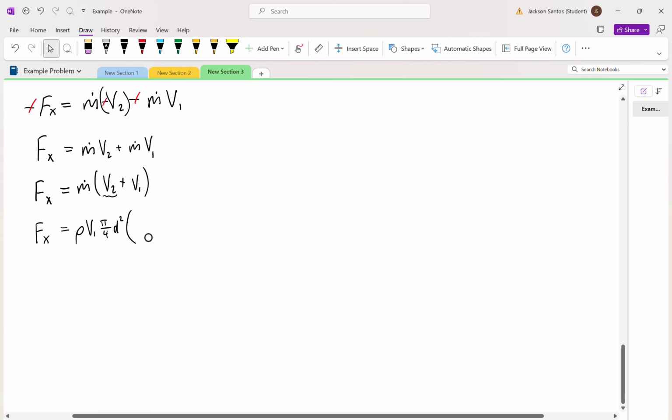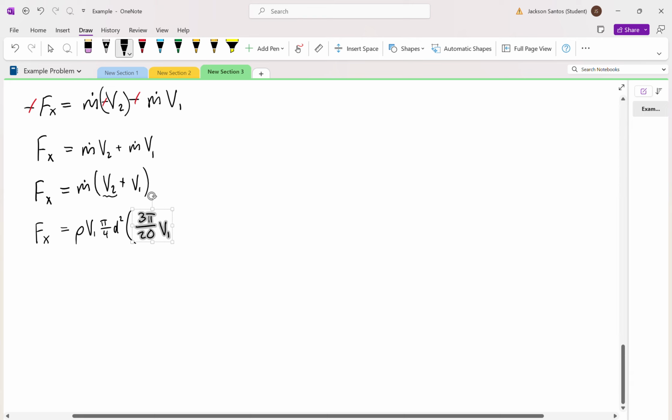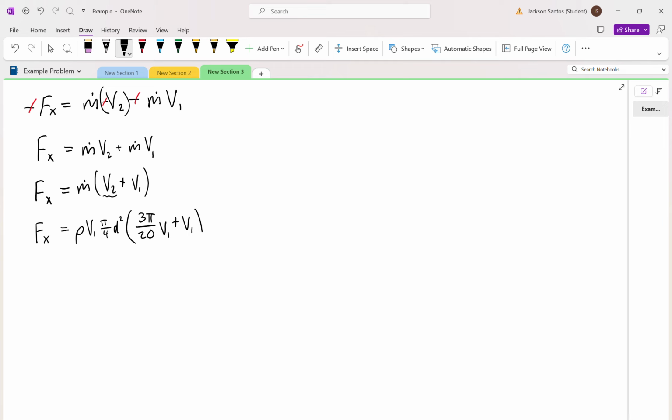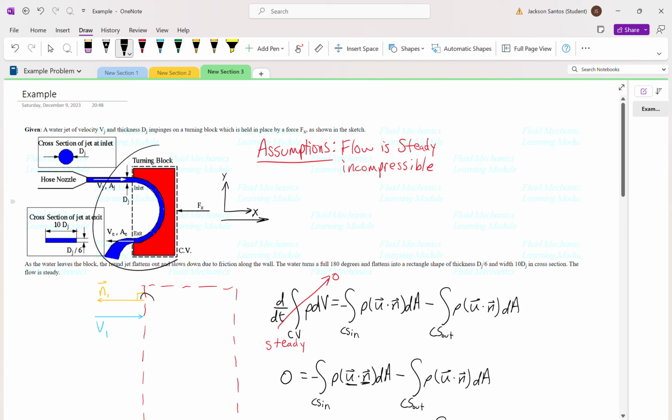It's going to be pi over 20 times v1 plus v1. And that right there is your answer to the resultant force that is going to hold this plate in place, depending on all the factors that go into the jet stream.